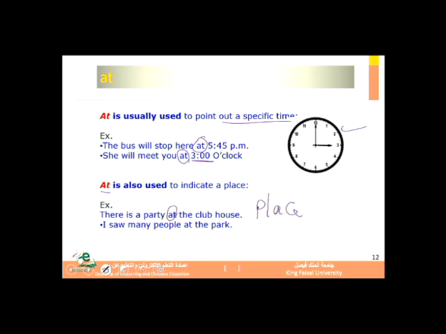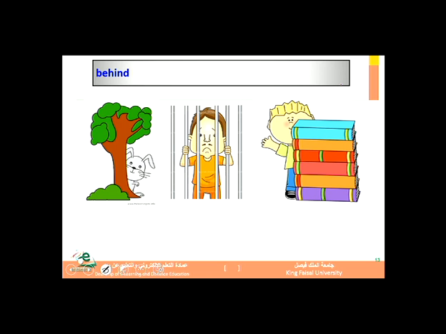I saw many people. Where did you see many people? At the park. So the park is a place. Clubhouse is a place. So we use at to indicate a place. We also use at to indicate a specific time. Let's move to the following preposition.